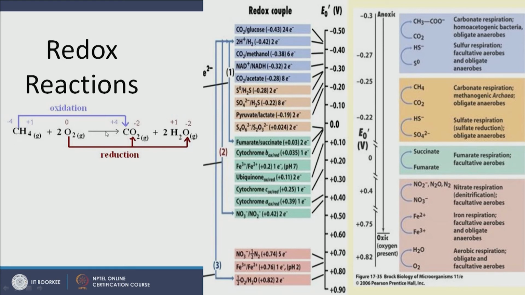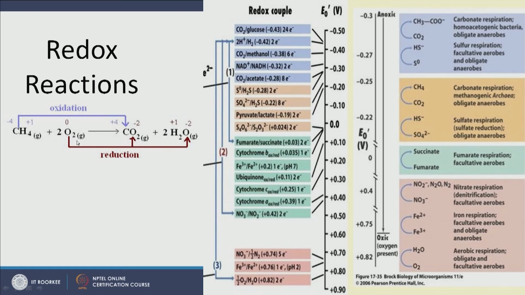So, when there is a loss of electron, we call it oxidation. Oxygen here is in covalent bond, it has no extra electron, but here it has extra electron and it is taking electron from hydrogen. So, it has -2 because electron is negative charge. So, when you gain electron we say -2.